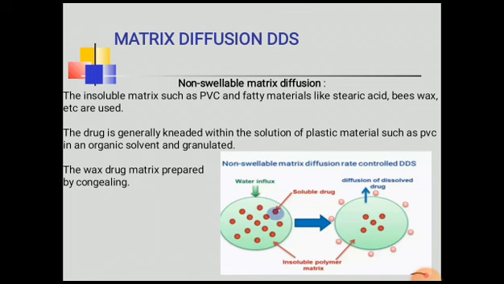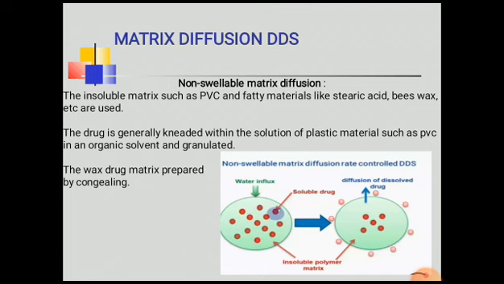Insoluble matrices such as PVC, polyvinyl chloride, and fatty materials like stearic acid, beeswax, etc. are used. The drug is generally mixed with a solution of plastic material such as PVC in an organic solvent and granulated. So here we mainly use fatty or plastic materials, which are insoluble in water and very porous in nature.